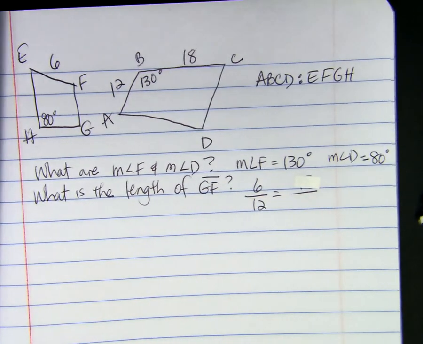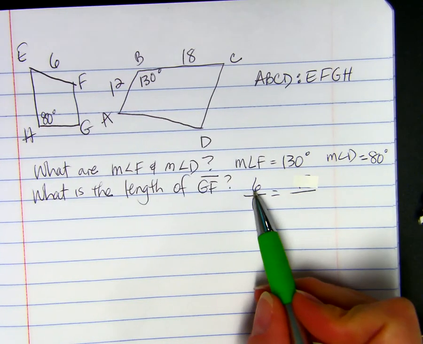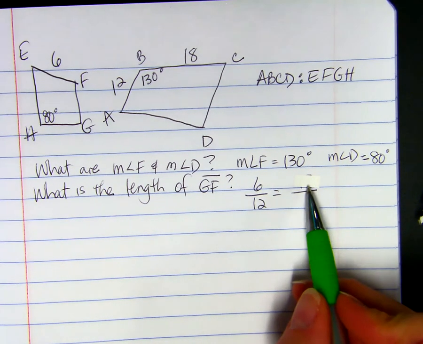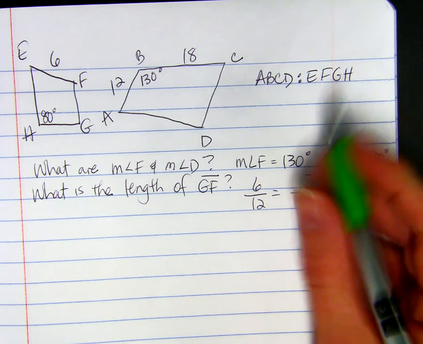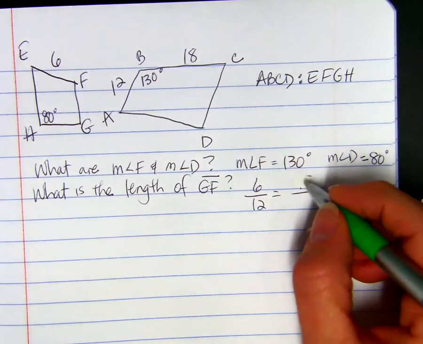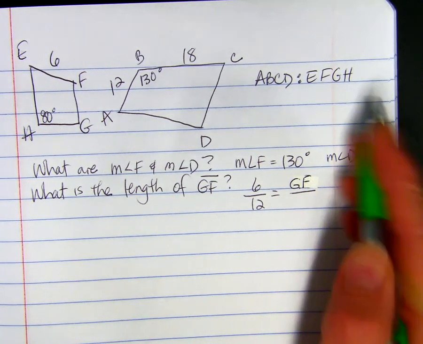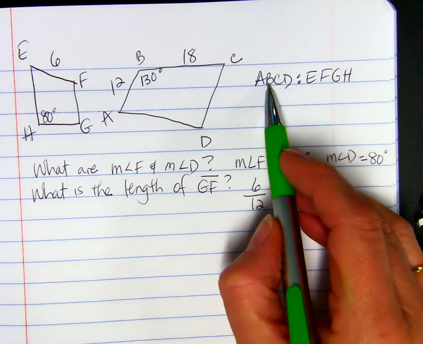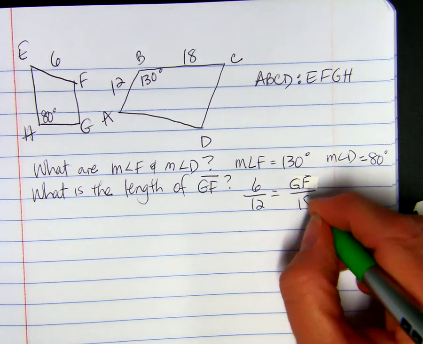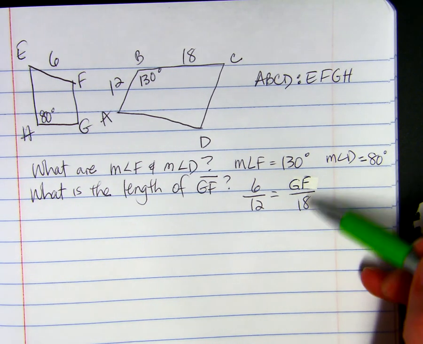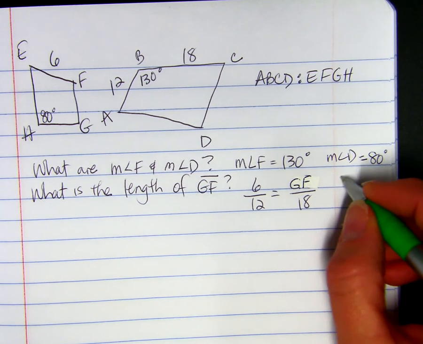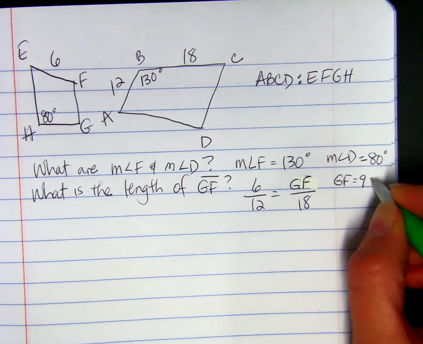I did the smaller figure in the numerator here, so I have to do the smaller figure in the numerator here. So GF is the smaller figure, so GF is to CB, which is 18. Since this reduces to a half, GF would be half of 18, or 9 units.